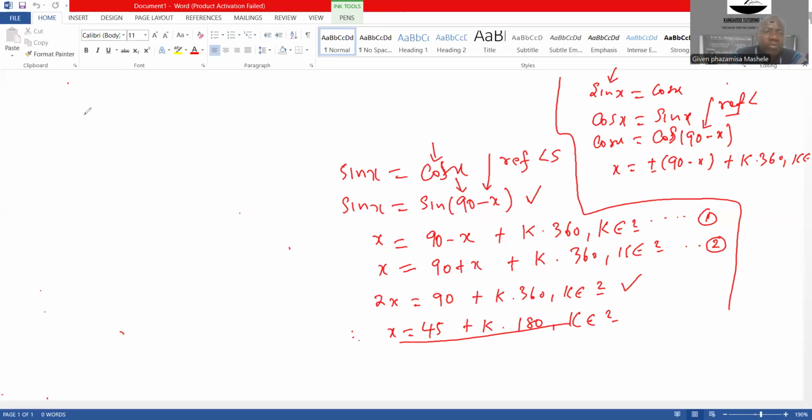The first one, by removing the bracket, will be x equals 90 minus x plus k times 360, where k is an element of integers.